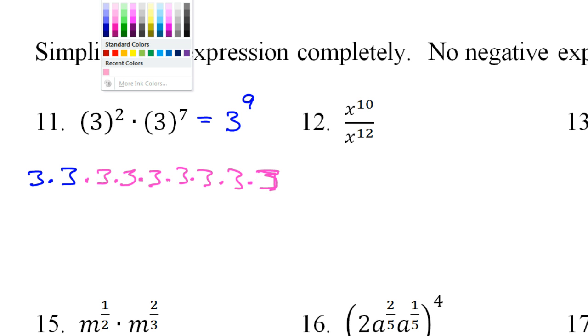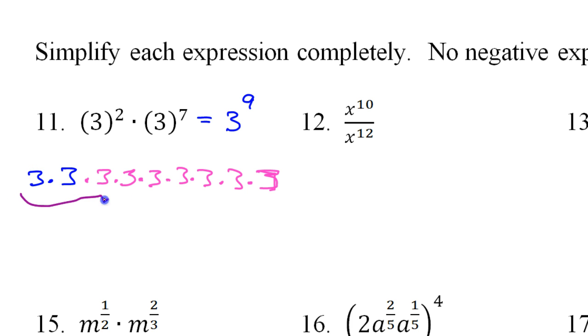But if you look at it all together, that's going to be 3 to the 9th power, because there's 7 of them and 2 of them. There's 9 of them. So they don't suddenly become 9s. They're still 3s. So it's 3 to the 9th power, not 9 to the 9th power. Okay. Anyway, looking at number 12.